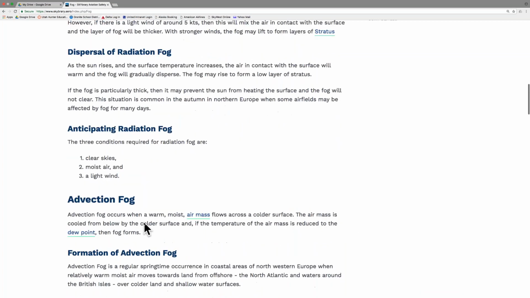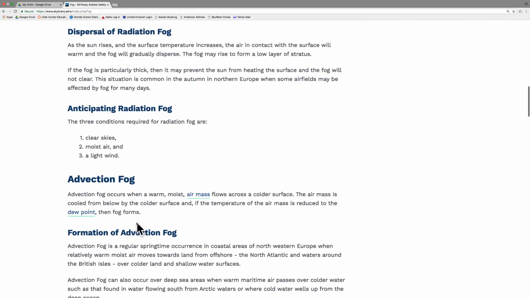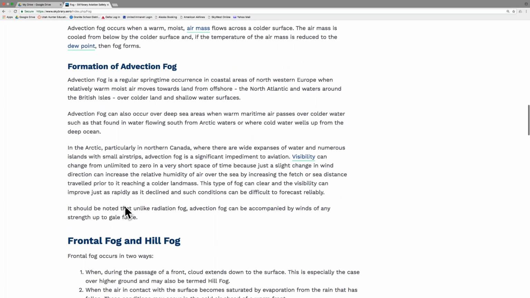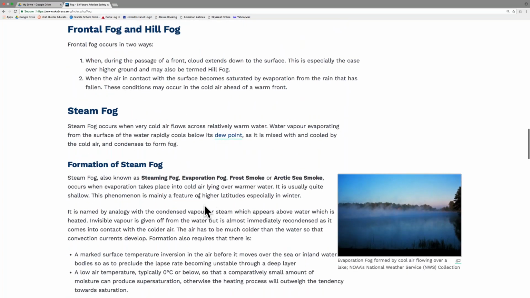So those are the two main differences: wind, no wind. With advection fog, it's warm air over a cold surface. When we talk about frontal fog and hill fog, as we said before, basically as a front passes, the cloud extends down to the surface.